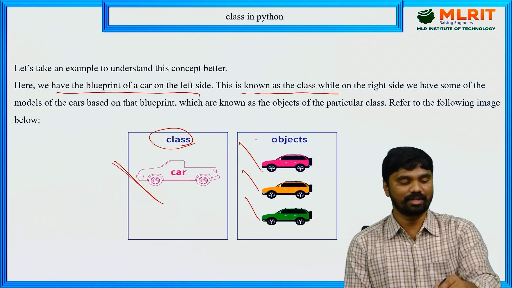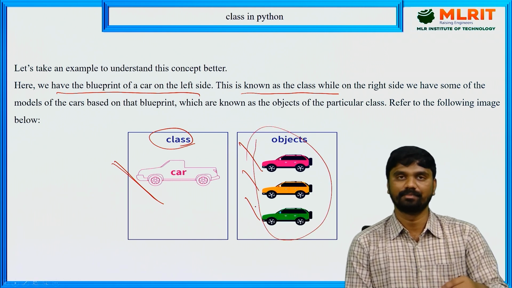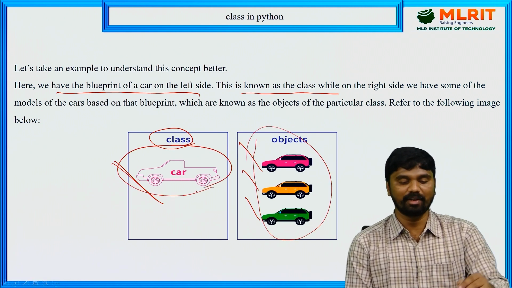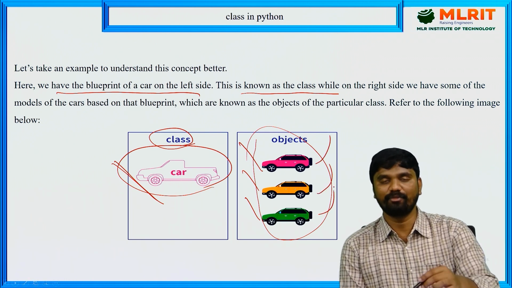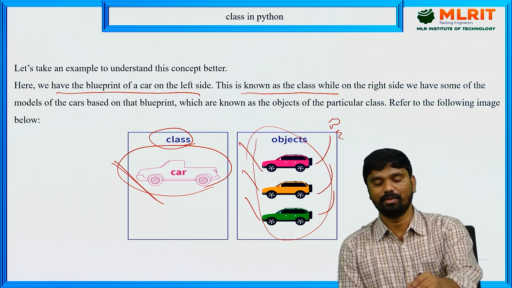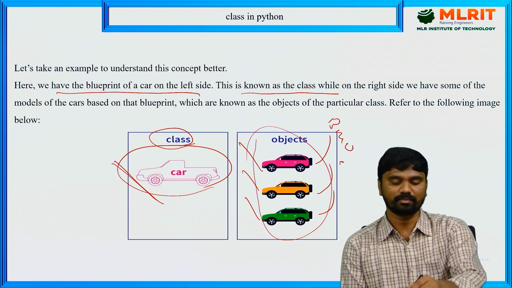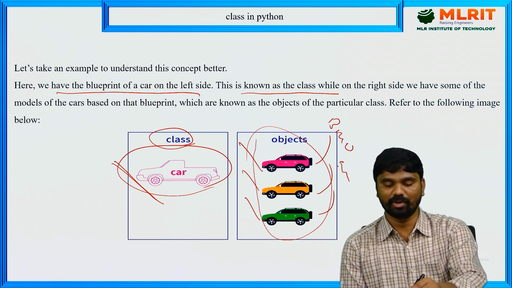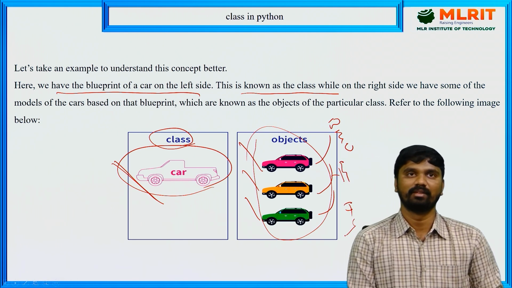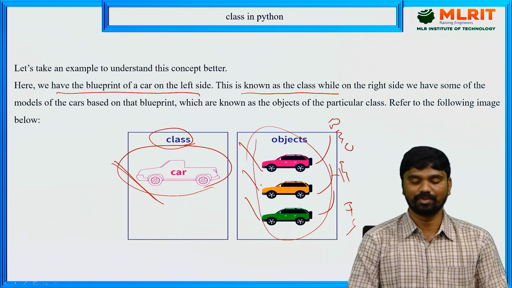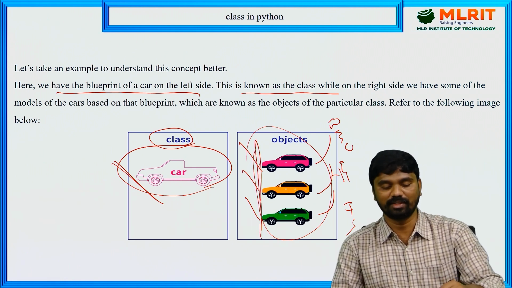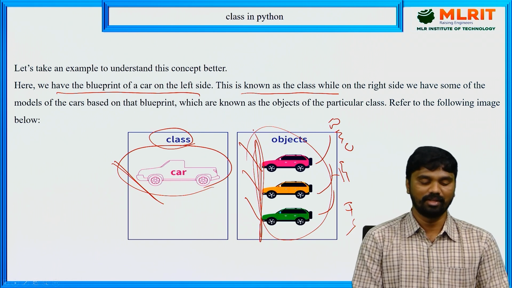On the right side, we have some models. This is the basic blueprint of the car, and here we have some different models, for example a BMW, Toyota or Honda, some different models of the car. These different models of the car are nothing but objects.